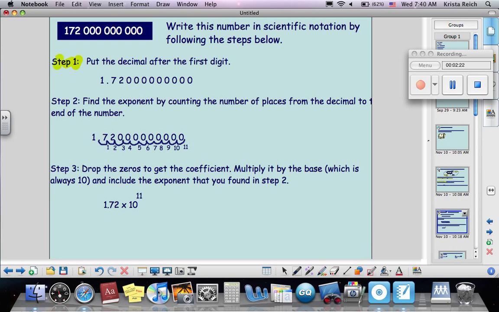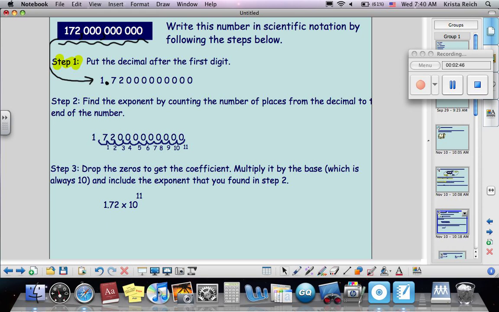So step 1 is to put the decimal after the first digit of the number. Let's say we were given this really big number up here, and we just rewrote it down here. Your first step is to put that decimal right after that first number, so after the 1. The 1 is our first number, so we're going to put that decimal right there.